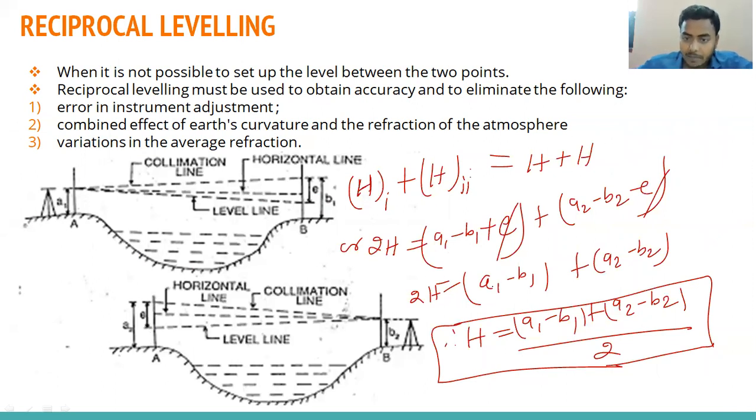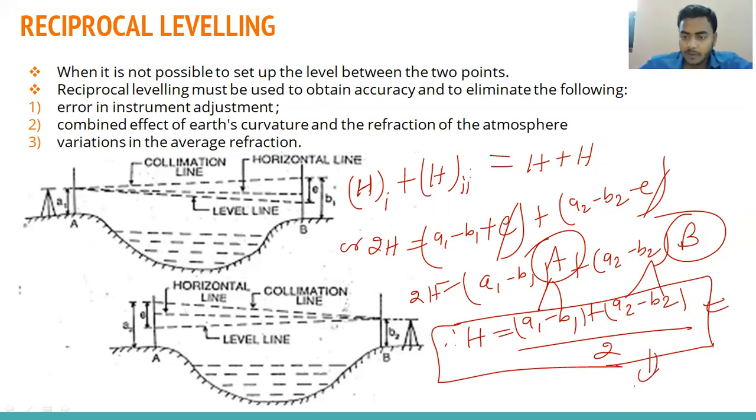Now you can see what is A1, B1: A1, B1 are the staff readings at A and B when we kept the instrument on the A side, right? And A2, B2 are the staff readings at A and B when we kept the instrument at the B side, right? So this formula is important in case of reciprocal leveling.